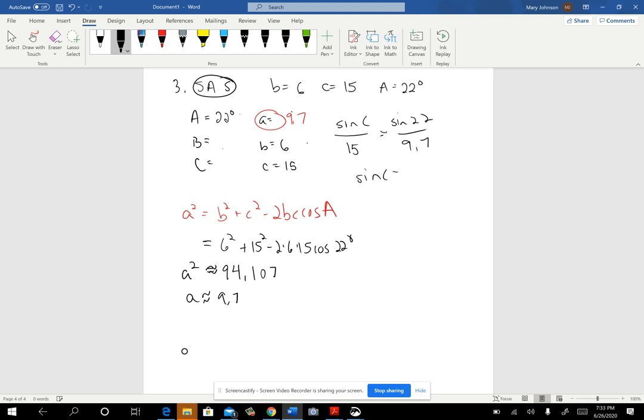And so the sine C should equal 15 sine of 22 over 9.7. Okay, so you're going to multiply 15 times the sine of 22, divide by 9.7. 15 times sine of 22 divided by 9.7. And I get that sine of C should be about 0.5793.